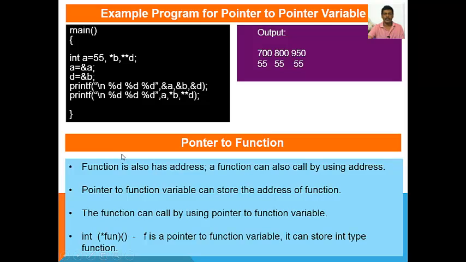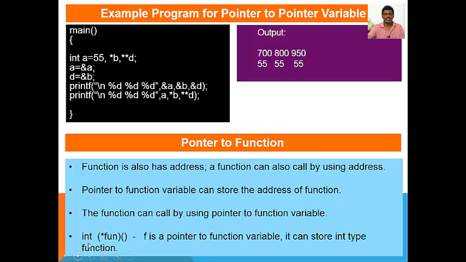A pointer to pointer variable stores the address of a pointer variable. A function pointer variable, or pointer to function variable, stores the address of a function. So by using a pointer to function variable, we can call the function.